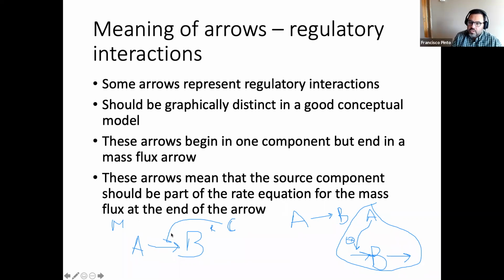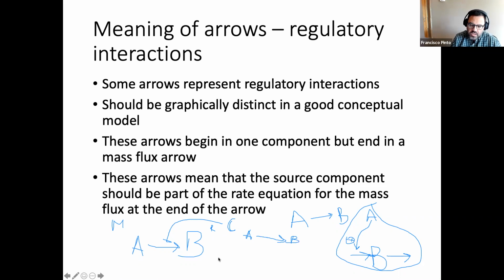Of course, you can always model things in a more detailed way. For example, one way to represent this would be the conversion of A into B, but imagine that this is a slow process.